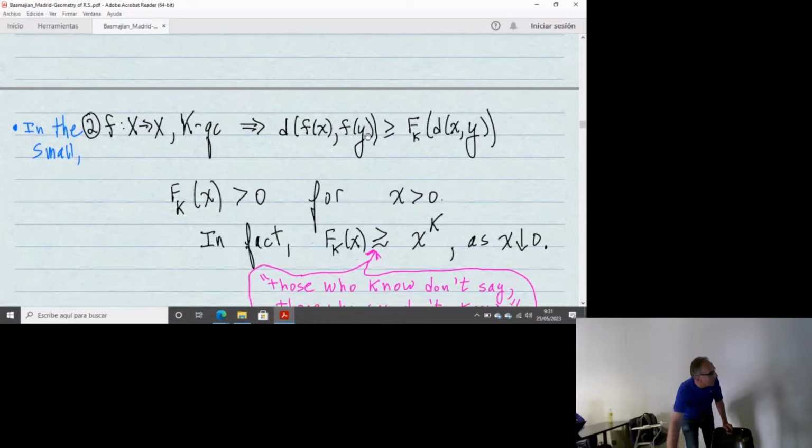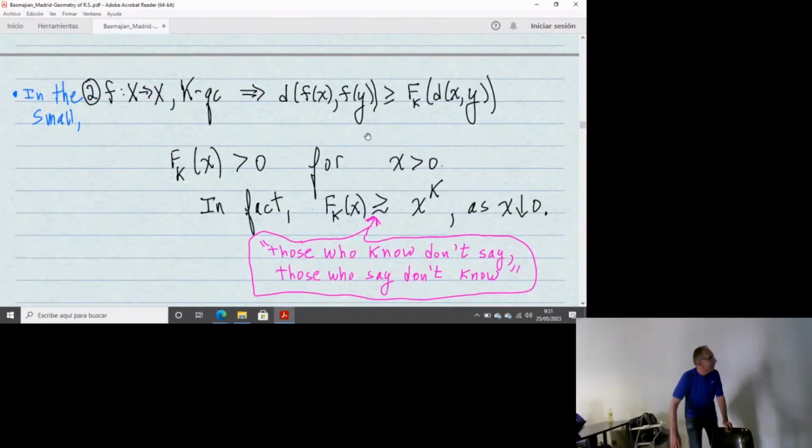So that was in the large. What about in the small? In the small, if f is a K-QC map between two Riemann surfaces, the distance from f(x) to f(y) is bounded from below by some function of the distance from x to y. This function can be written down, and complex analysts know this very well. It's some constant times a tan of something.